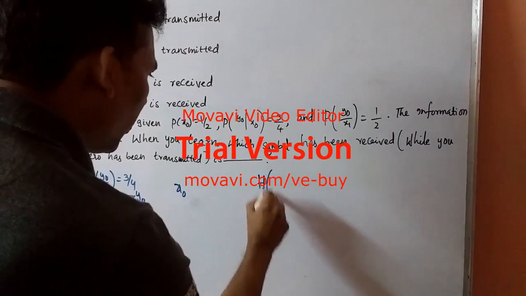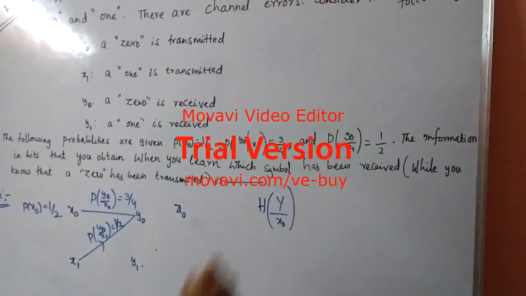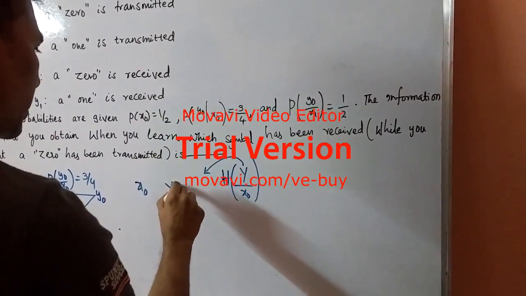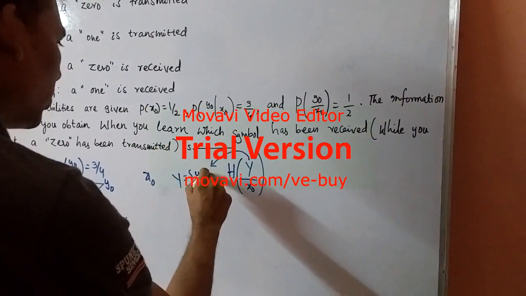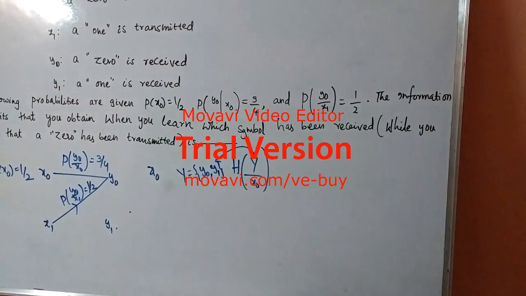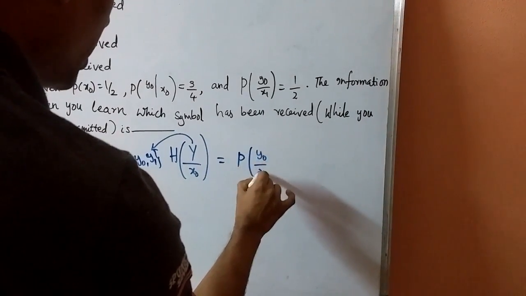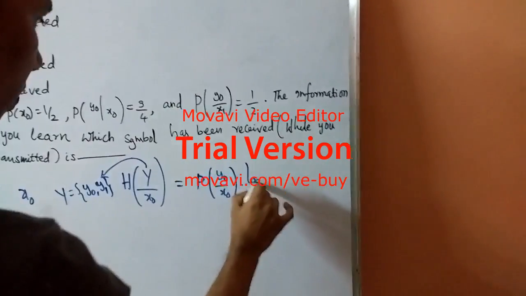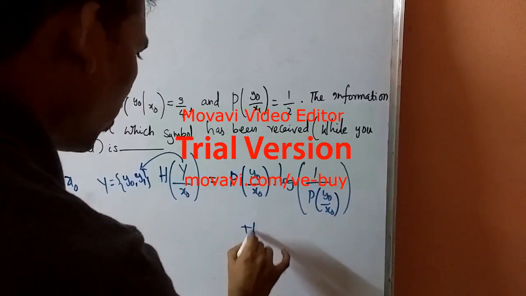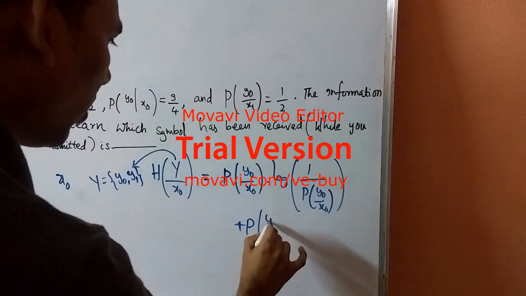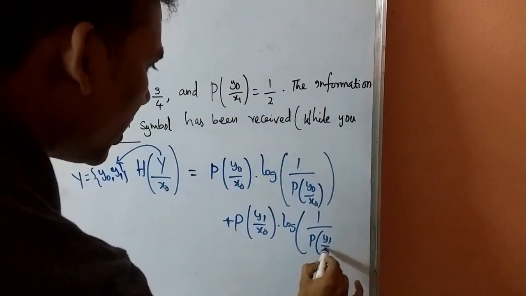It is H of capital Y by x0, where capital Y is the set of events in the receiver section, consisting of two events, y0 and y1. H of Y by x0 is equal to probability of y0 by x0 into log of 1 by probability of y0 by x0, plus probability of y1 by x0 into log of 1 by probability of y1 by x0.